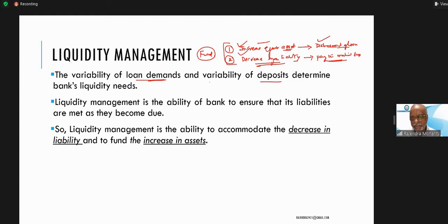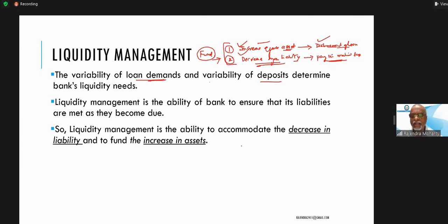At that point we call this liquidity management or fund management. This fund management can be both expected and unexpected.